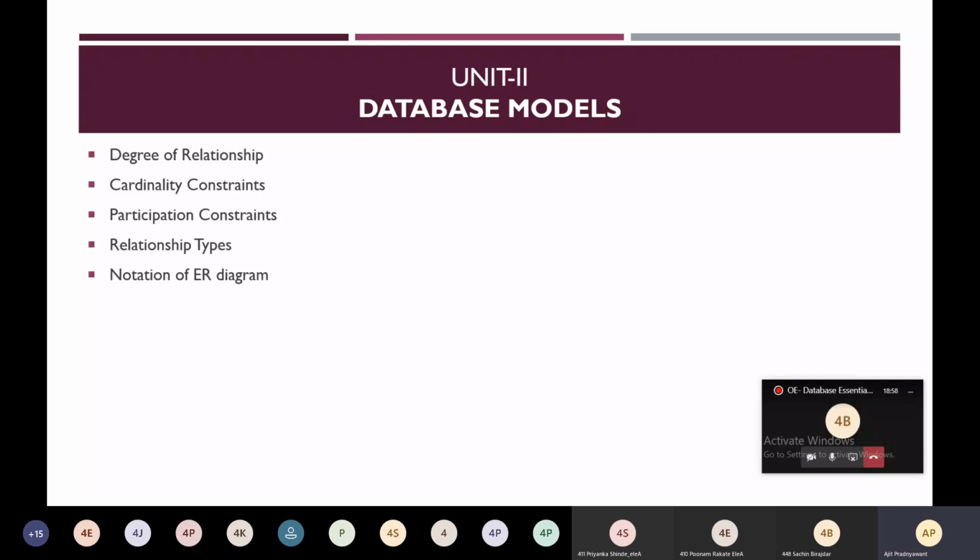Continuing with this, in today's lecture, we are going to see what is meant by degree of relationship, what are the cardinality constraints as well as participation constraints. And there are different types of relationship that we are going to see. And there are different notations of ER diagram that we are going to see in today's lecture.